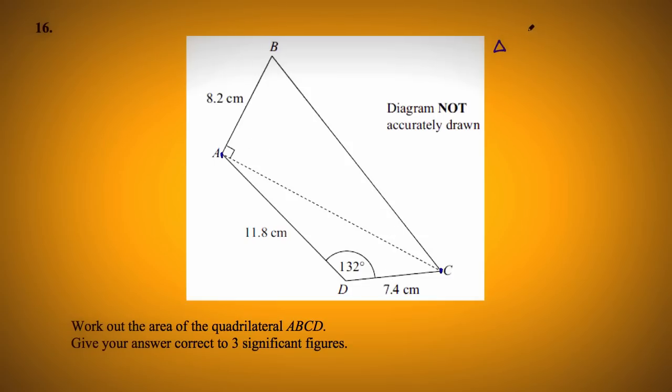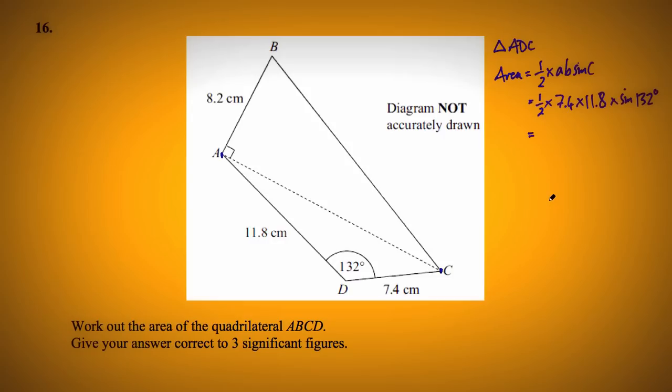Triangle ADC, area equals half times AB sine C. That's half times 7.4 times 11.8. They're interchangeable. They're either side of the angle, which is why I can use this formula, times by sine 132.